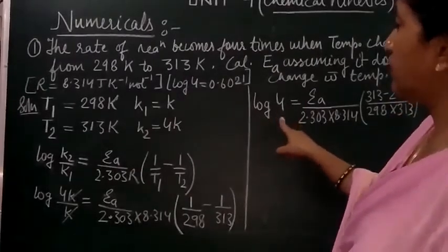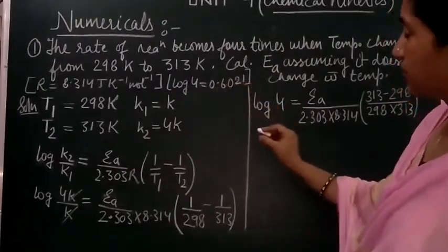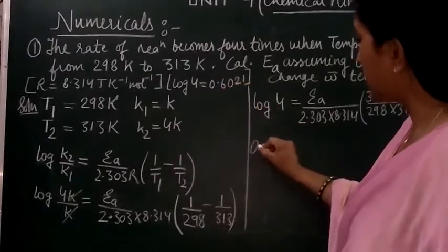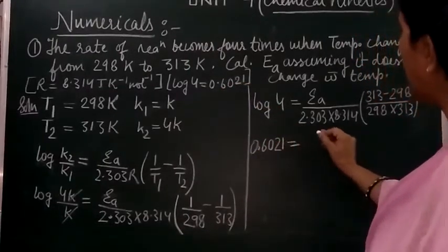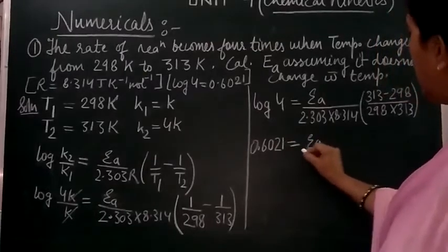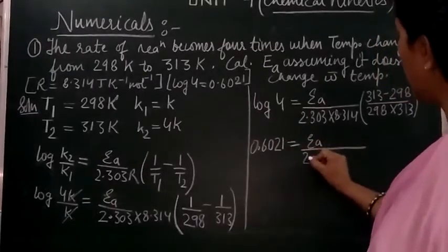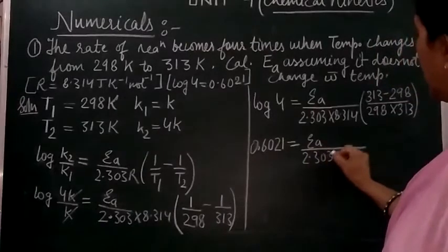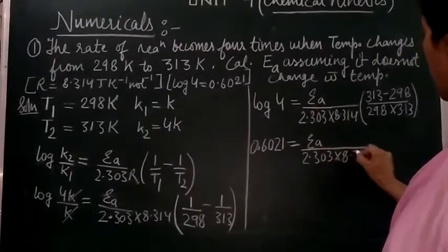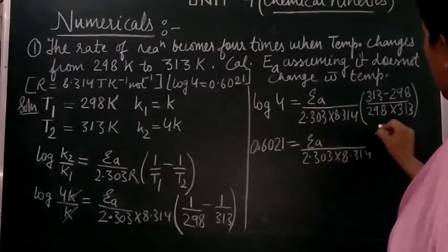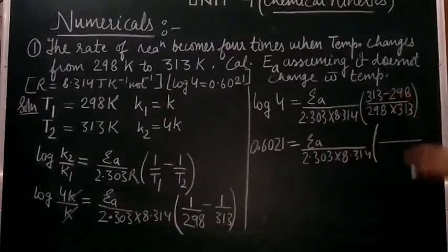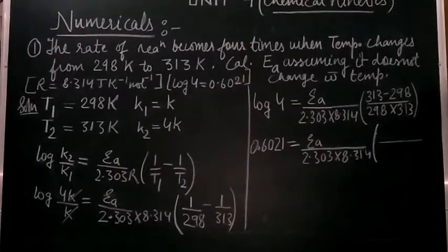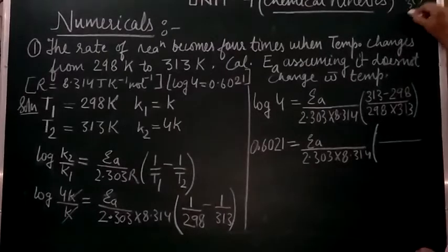Now what is the value of log 4? It is 0.6021, which is given to us, and it will be equal to Ea upon 2.303 into 8.314, right? Here we will just subtract 313 minus 298.